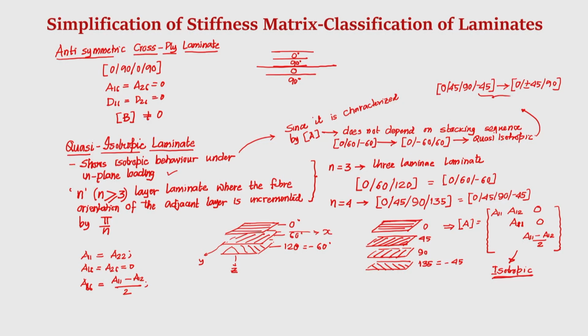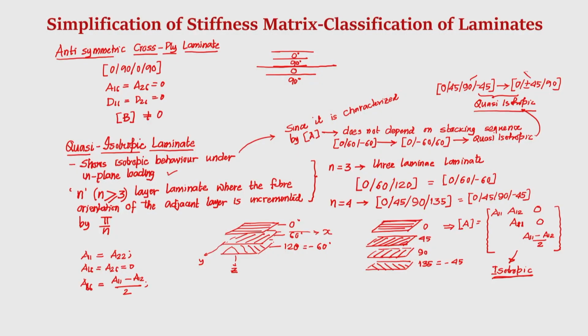Therefore, both are quasi-isotropic. So we can change the stacking sequence and it does not have any influence, but when you change the stacking sequence, please note that these two will have different D matrices.